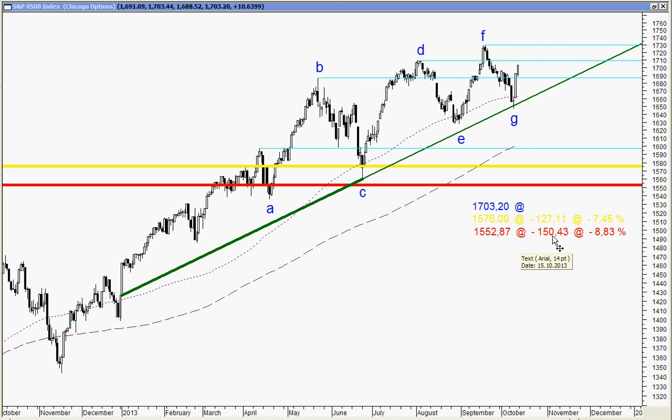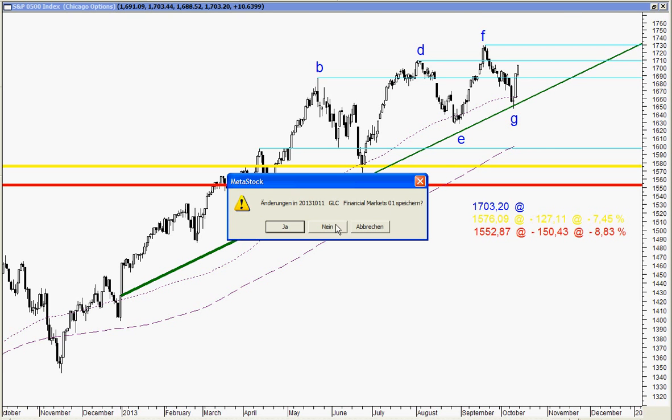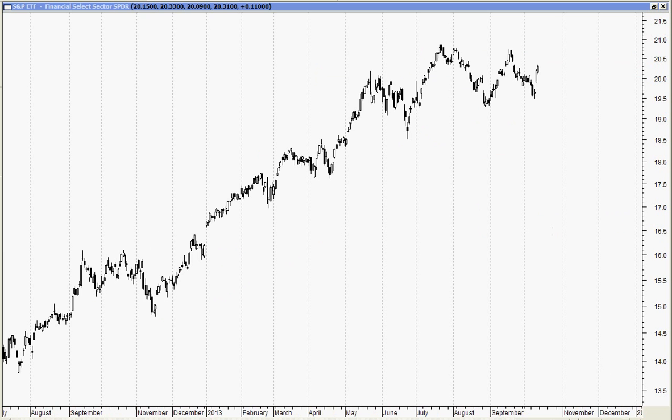These are 150 points under the weekend close, 8.83%, or even the 2007 highs, the yellow line, 1576.09. These are 127 points, or even 7.45% under the weekend close. So all in all, great setup, great picture in the S&P and also in the finance sector.